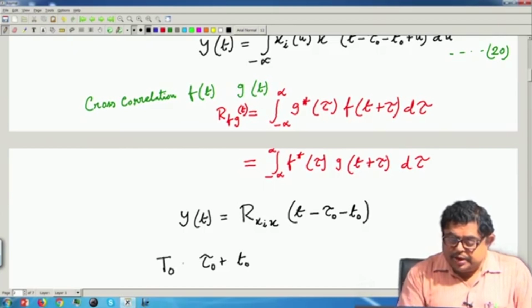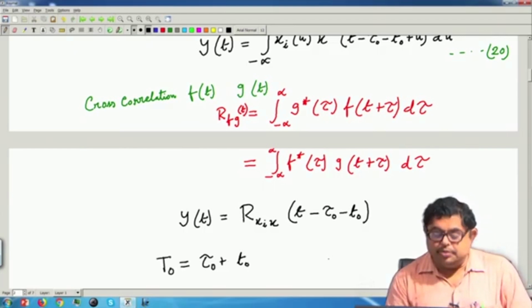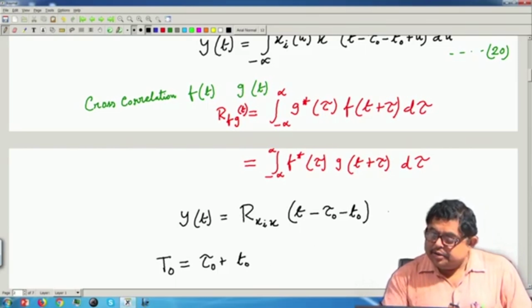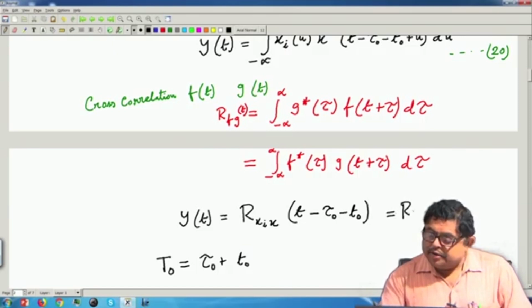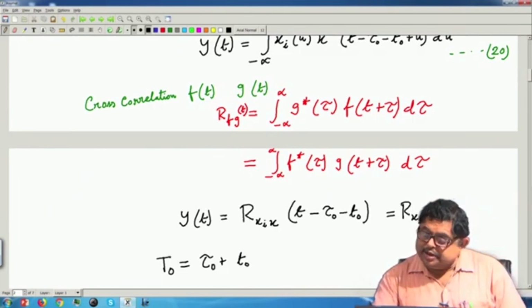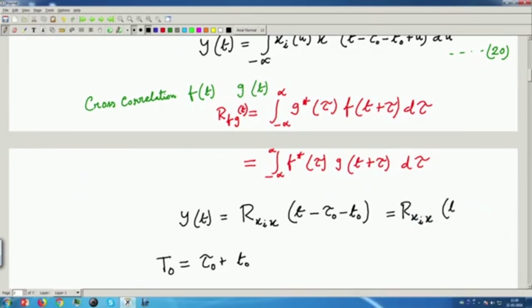So, let us give it a name capital T naught. If I substitute this, it can be written as R, the cross correlation between the received signal and the transmitted signal, as a function of t minus T naught. That means I can say what the match filter output is.